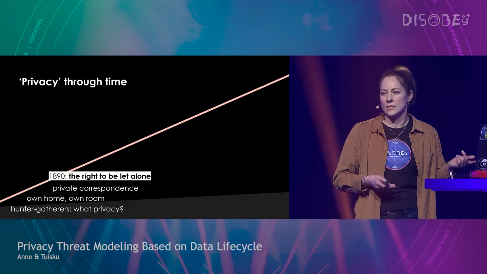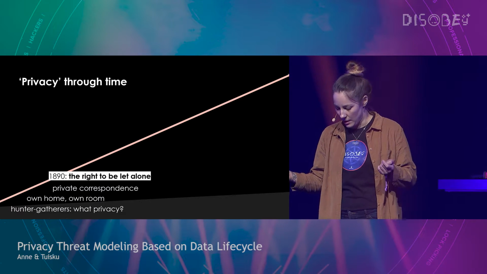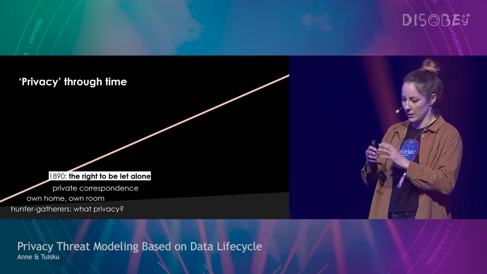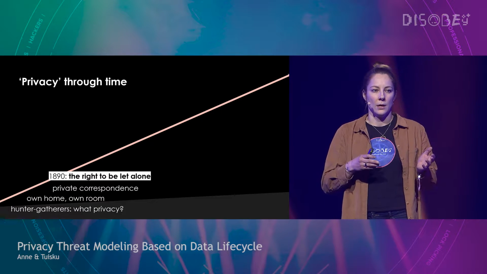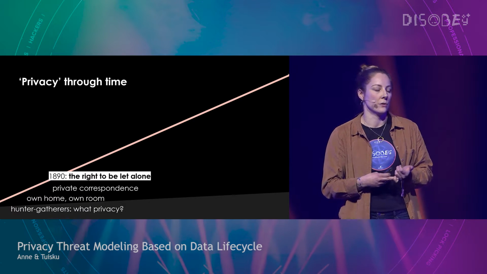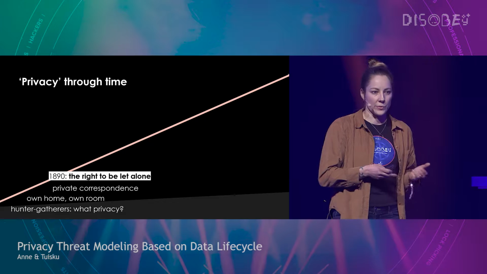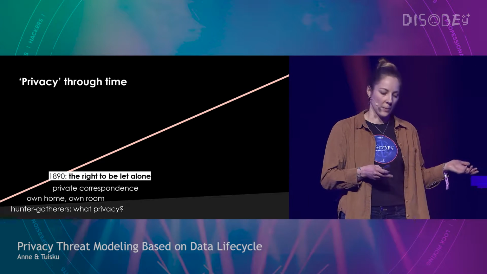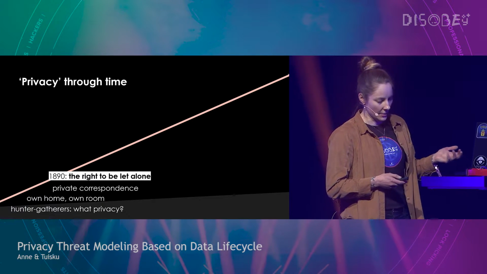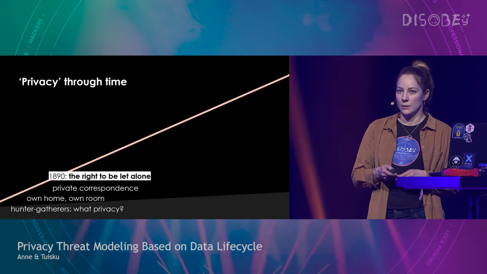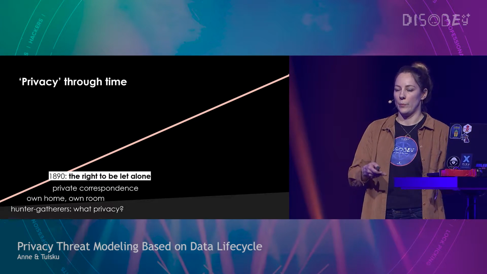And this was kind of the same thing. So around that time, people could start taking pictures. They could start recording voice and so on. And it was realized that they could make this public. And then there was this concern that you shouldn't really publish stuff about private people.